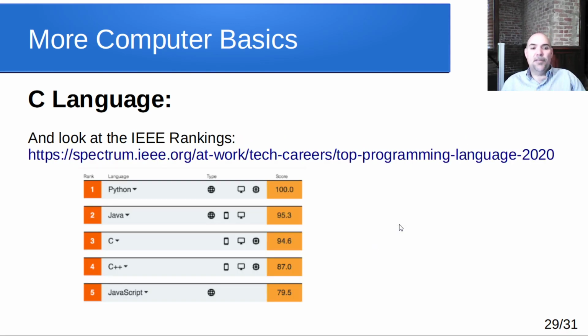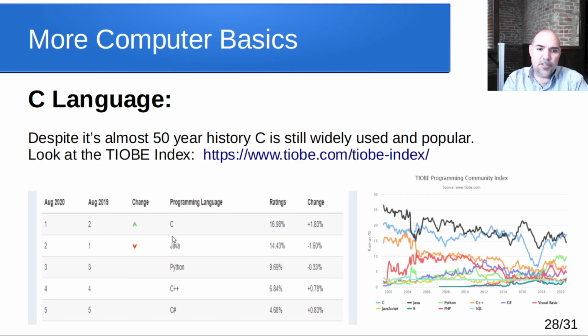One other thing is if you look at the IEEE rankings of programming languages, you'll notice C language is in the number 3 position. If you combine C and C++, which are closely related, C++ is a superset of C, it would be well above any other programming language that's available.